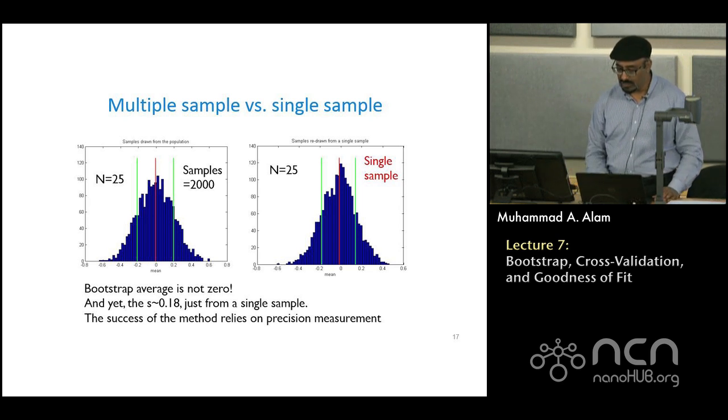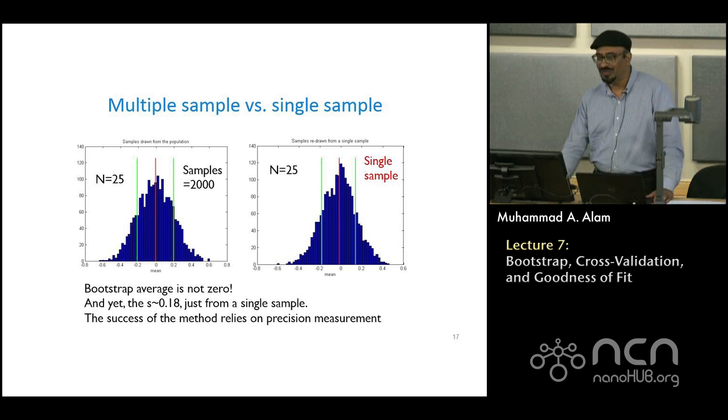In fact, it will give you the sigma. It will give you the second moment, third moment, all the various moments very close. Of course, how many moments can you get? You have n equals 25, so at most you can get 24 moments. For many, many moments, these two will be identical.